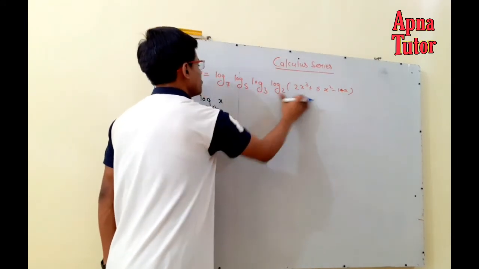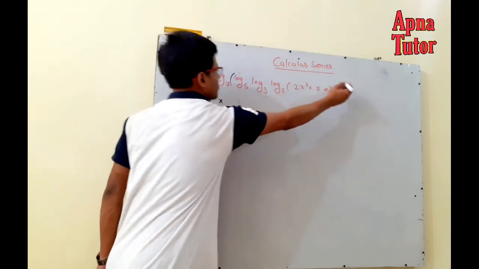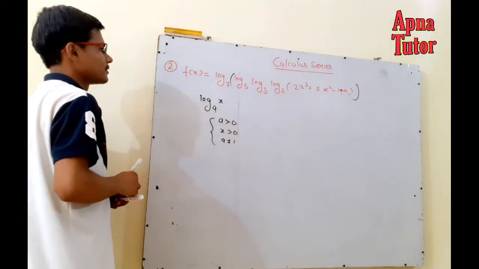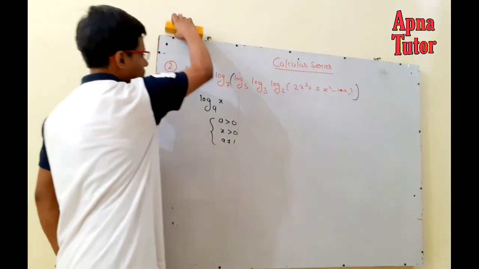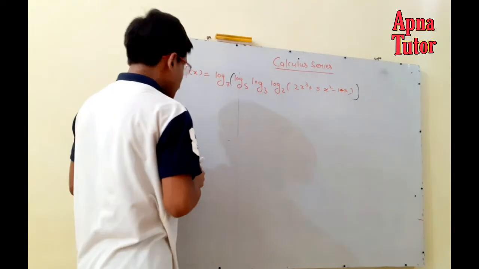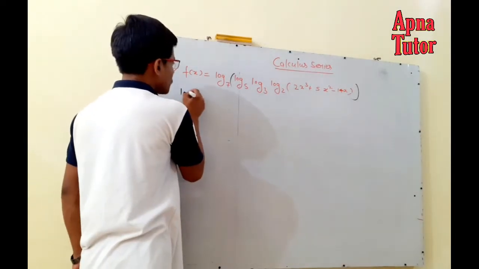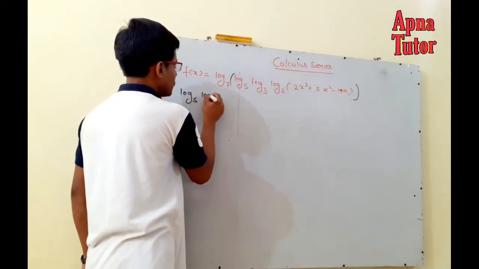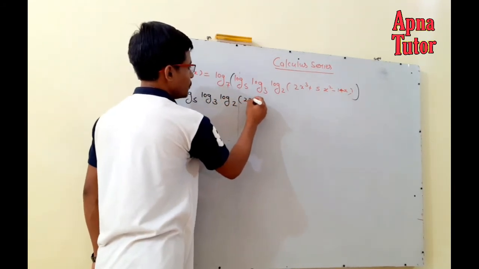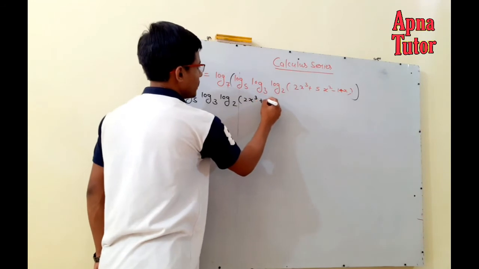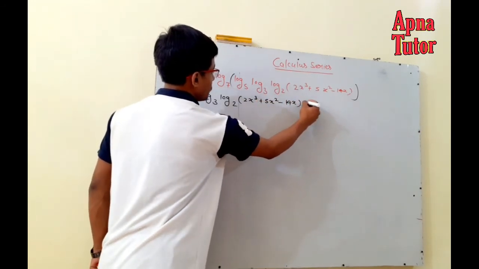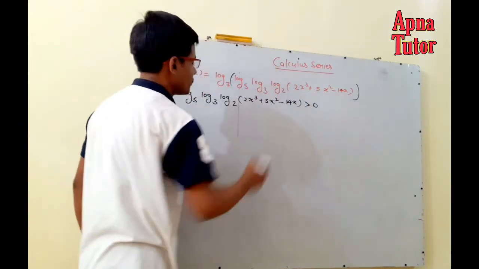You have to make this function positive. So we can write this function as log 5 log 3 log 2 of 2x cube plus 5x square minus 14x, which must be greater than 0.